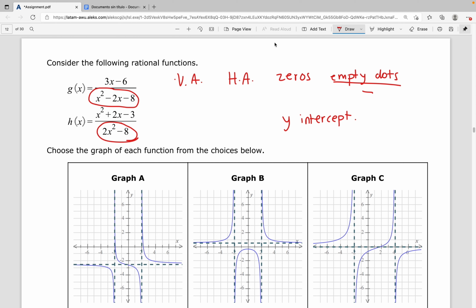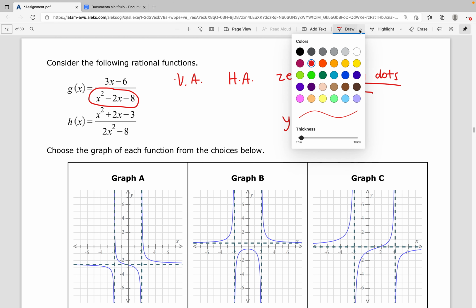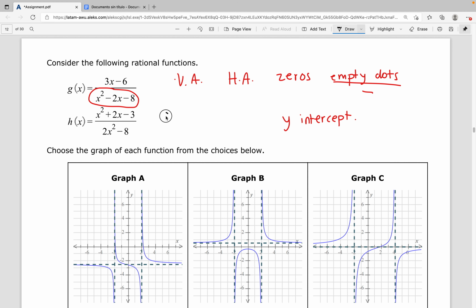Okay, so let's start off with the g. With the function g of x, the first step to get the vertical asymptote is to factorize this one so we can equal it to 0. How can we factorize?